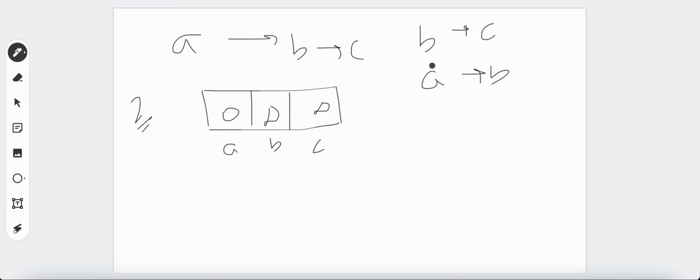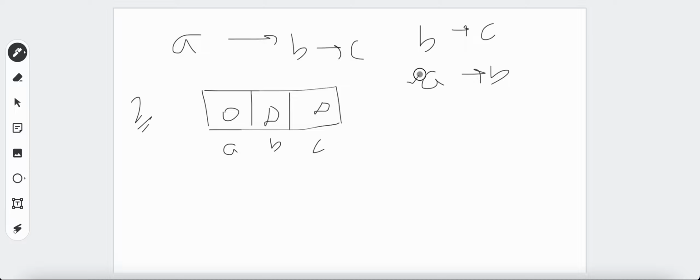If we start from B to C, here B's value is maximum. One of the conditions for the relaxation step is that the distance of source should not be maximum. Sorry, not 0, it should not be maximum. But here it is maximum, so we will not be able to update it.